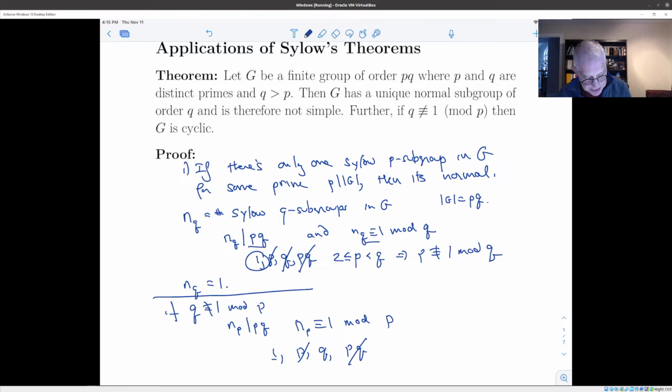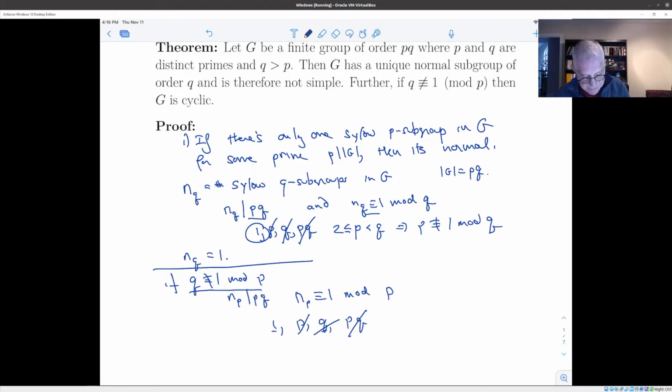So the only possibilities are 1 and q. Earlier, we were able to rule out p because it was too small. Here we don't have that, so we need the actual hypothesis. We're told q is not congruent to 1 mod p, and that forces np to equal 1.